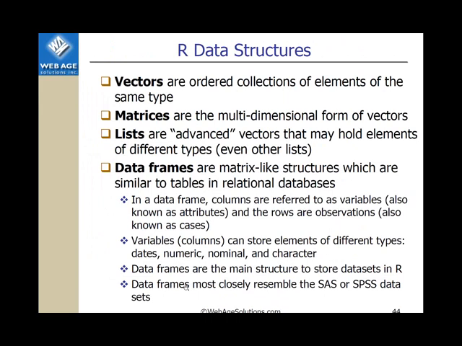R was designed right from scratch as a statistical processing language for statisticians, and it's reflected in the data structures that they have. No other language, like C#, Java, Perl, Python, out of the box without add-ons, has those kinds of data frames and matrices.